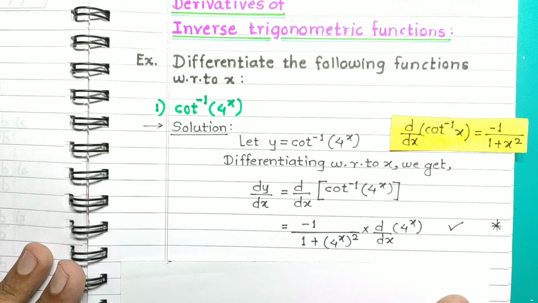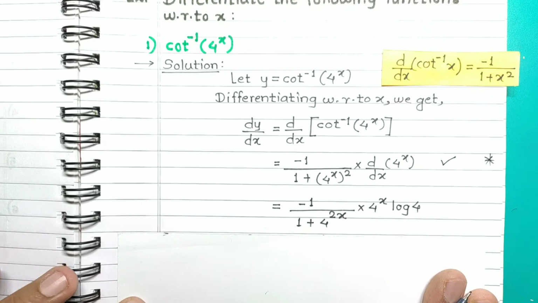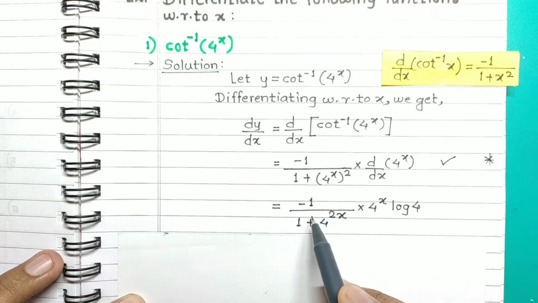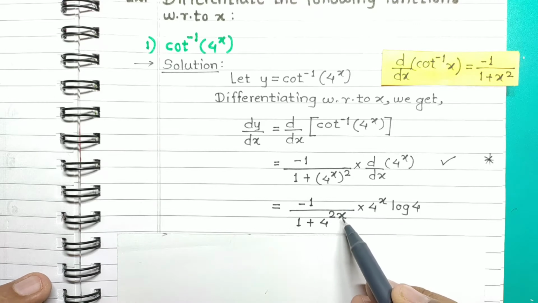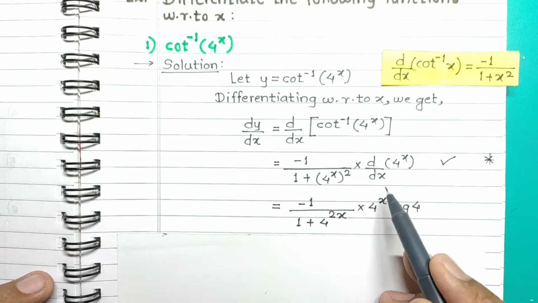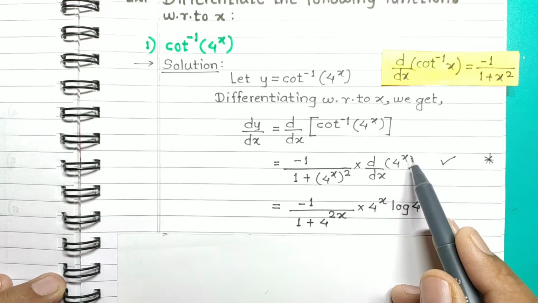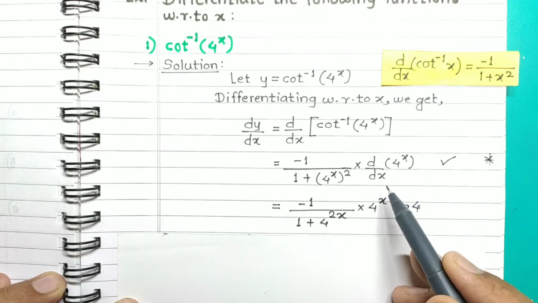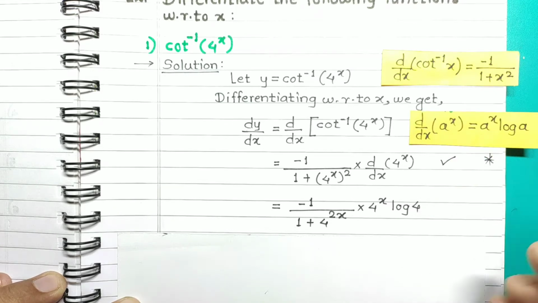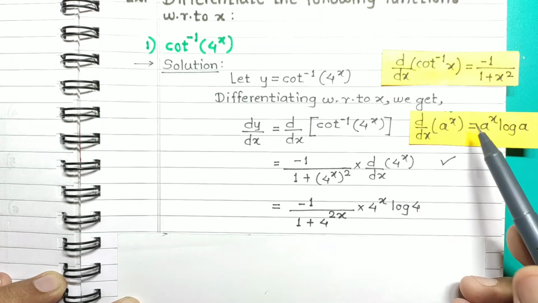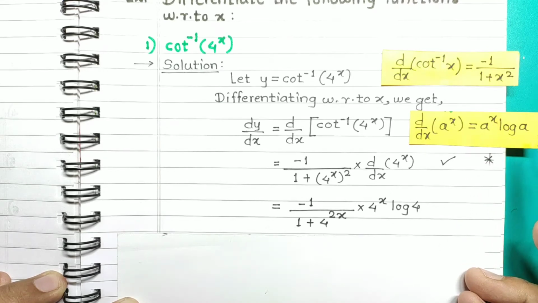Then to the next step you write down this first step as it is. So this is minus 1 upon 1 plus, using indices we write it as 4 raised to 2x, and here we have to evaluate the derivative of 4 raised to x. Again it is in standard form, we use the derivative of a raised to x, which is a raised to x into log a.